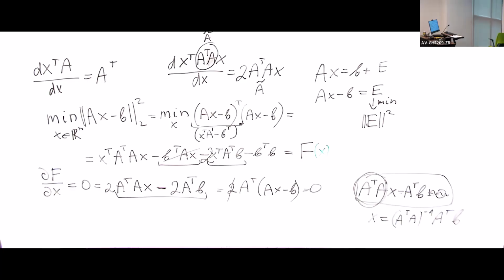In calculus, how do you find the minimum of any function? Let's say you have the function x squared, so f of x equals x squared. How do you find the minimum? The answer is 0, but how do you find that 0? You do df/dx equals 0. That means 2x equals 0, x equals 0.